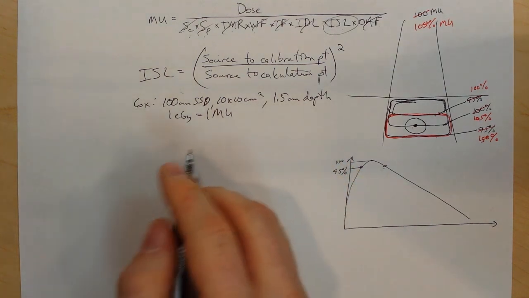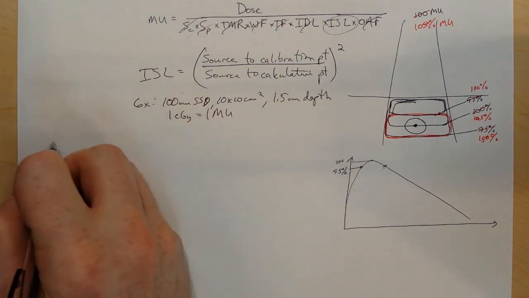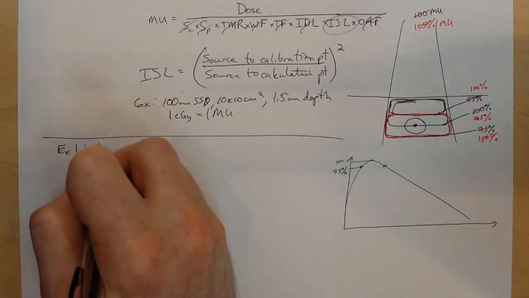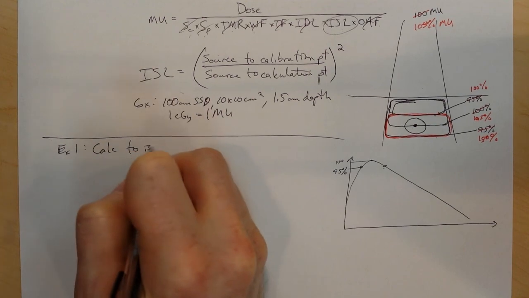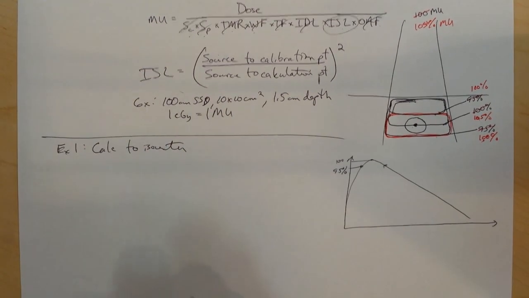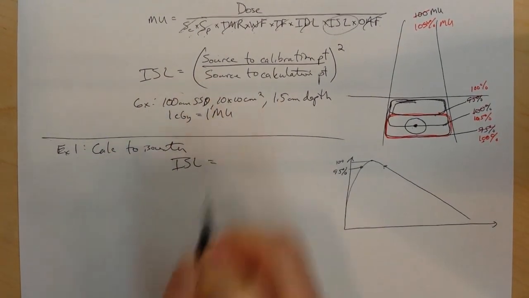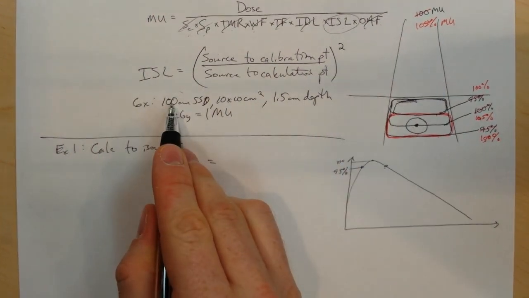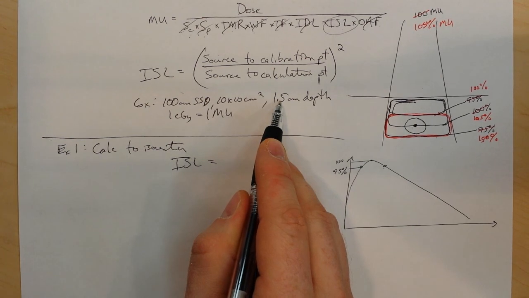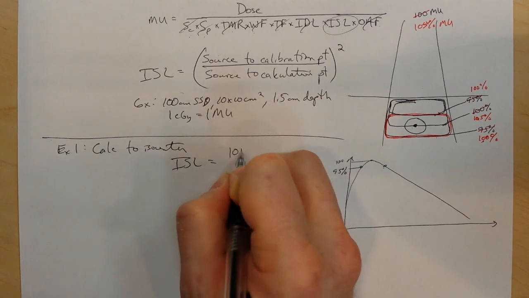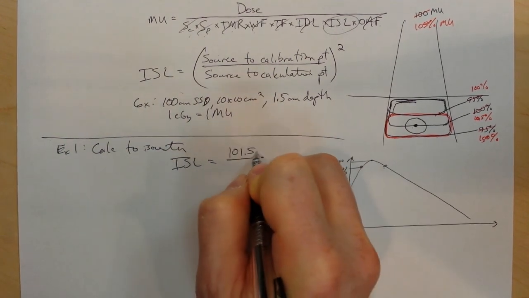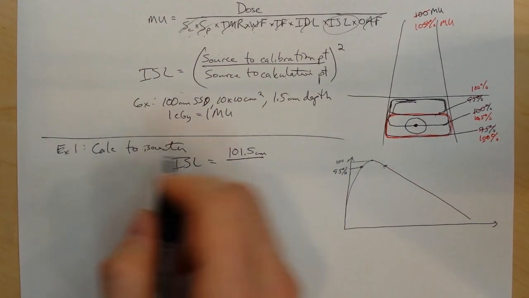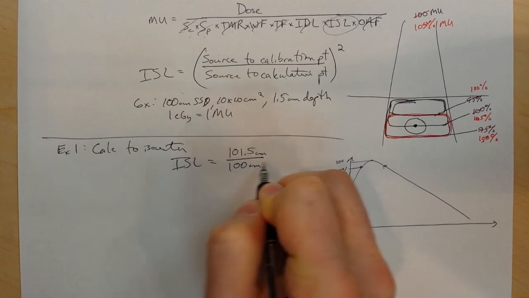Well, we'll call this example 1. If I want to calc to isocenter, my inverse square law correction is going to be source to calibration point, which is 100 centimeters plus 1.5 for the depth is 101.5. My source to calculation point is isocenter, which is located at 100 centimeters SAD.